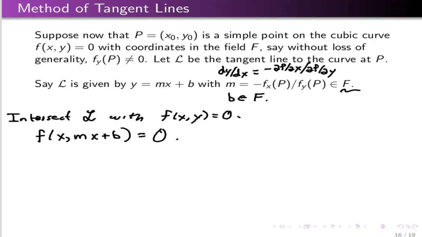Okay, and I want to find the solutions to this equation. So I claim in this case that x0 is a double solution. Right, so we know that x0 satisfies this equation. That's given. So let's call it star. And we claim that it's a double zero.